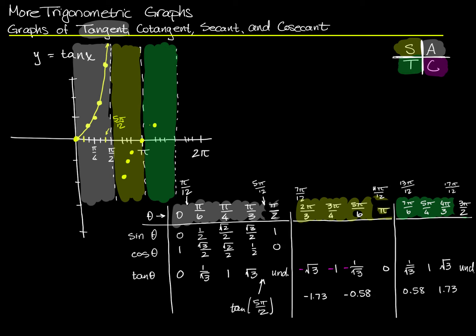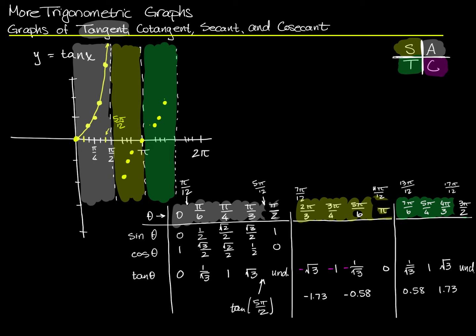And then when theta is 5 pi over 4, that's this angle here, I'm going to be at 1. So I'll have a point here. And then at 4 pi over 3, I'll be at 1.73. 1.73, not quite 2.